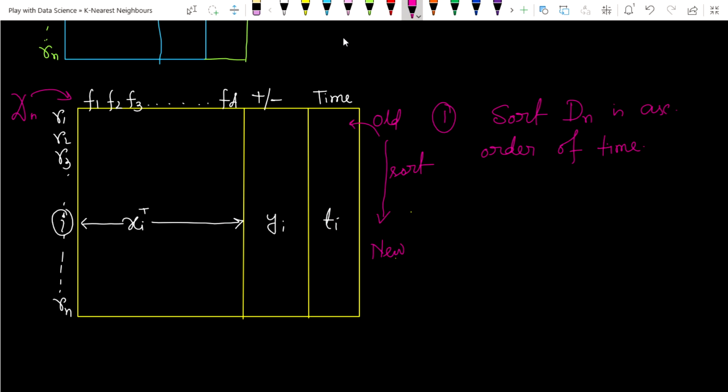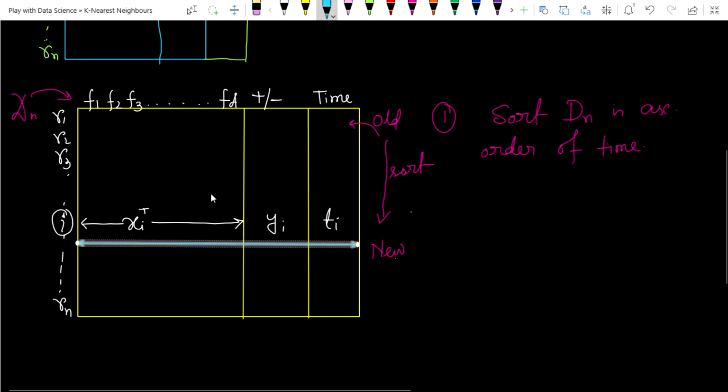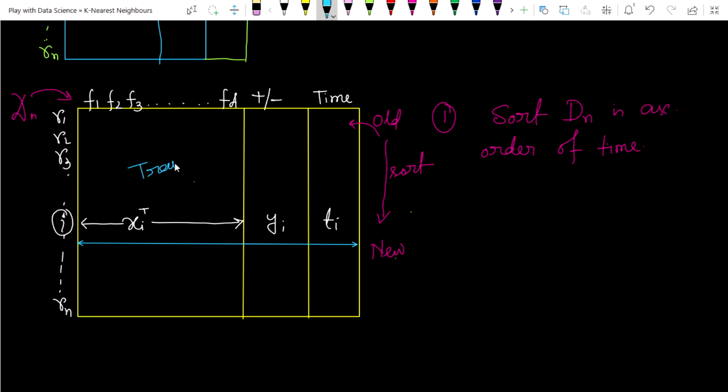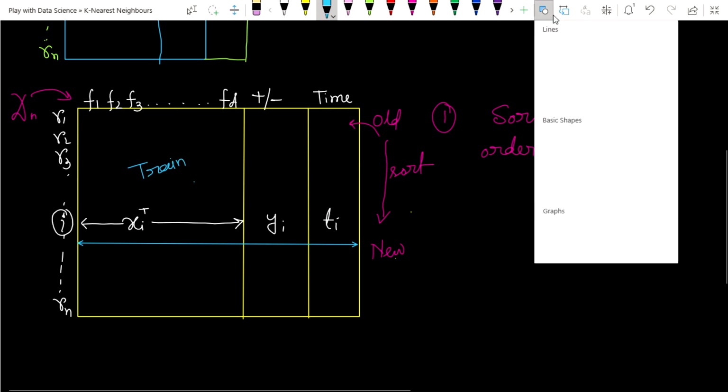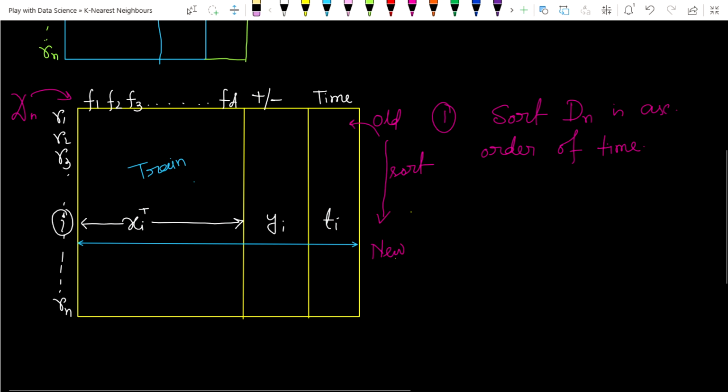Then we have to do the splitting. So how? Suppose the first 60% of the data we take as our training set. Then the next 20% of data we take as our cross validation set.